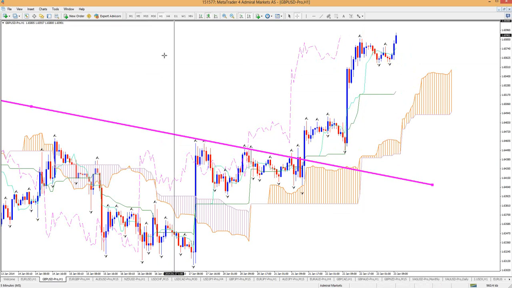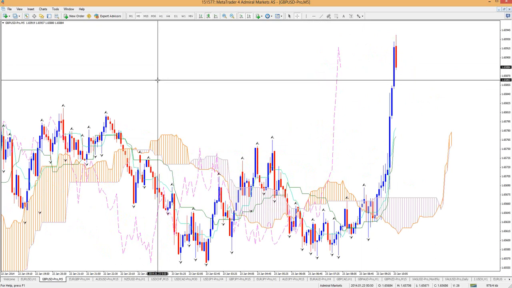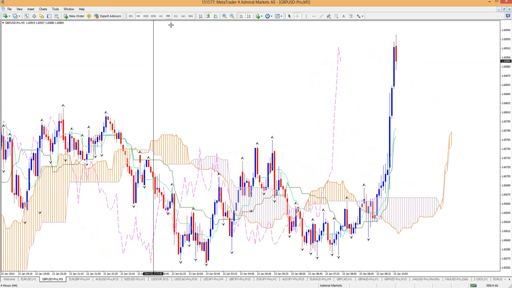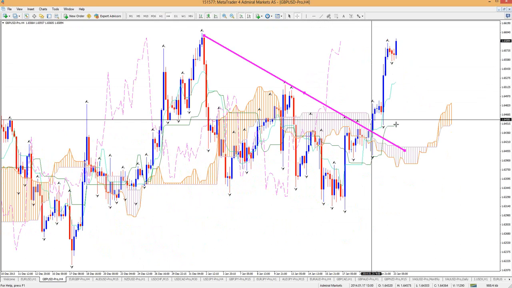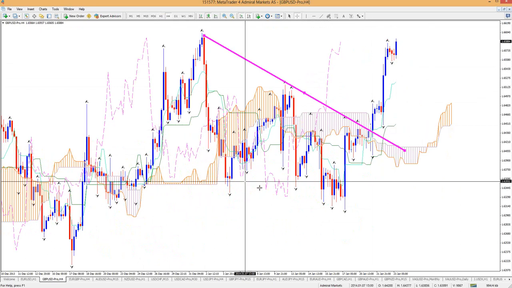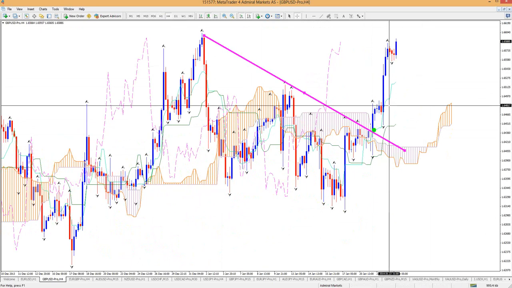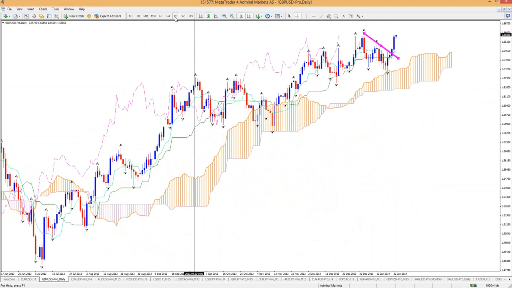Let me take a look at the 5 for the fun of it. Big impulse up. Anyhow, let's go to the 4-hour, and we can see that it kind of looks messy, doesn't it, if it's a choppy chart like this. But in any case, we can see that this is trending as well, and the daily trending as well.